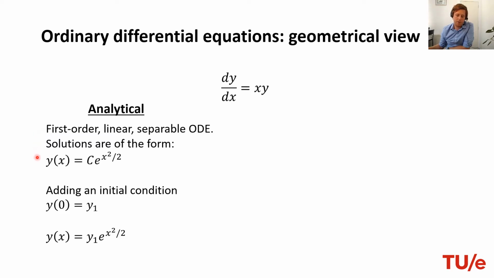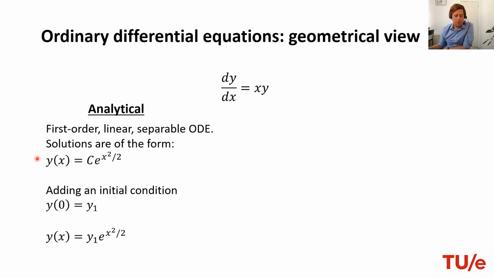And solutions will be of the form constant times e to the power x squared over 2. And you can verify this by taking the derivative of this function. If you do not know how to find this solution, then I suggest you review chapter 2, or you review the final chapter of your calculus course.